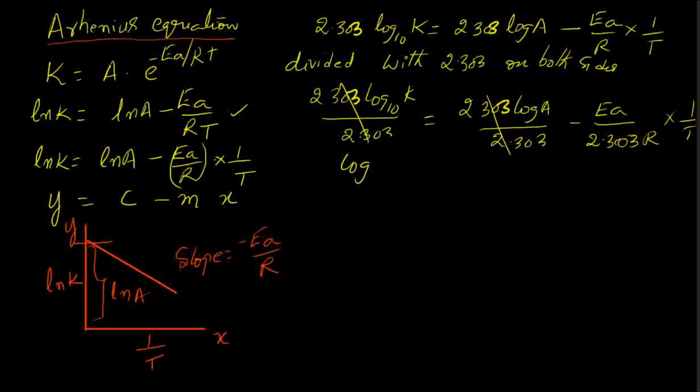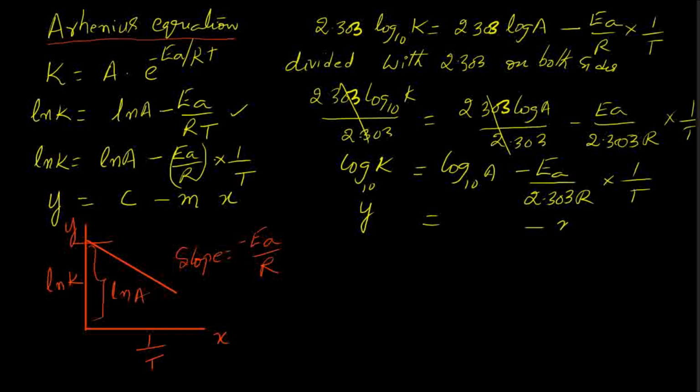Finally we get log base 10 k equals log base 10 A minus Ea by 2.303 R into 1 by T. Now this relation is y equals minus mx plus c.